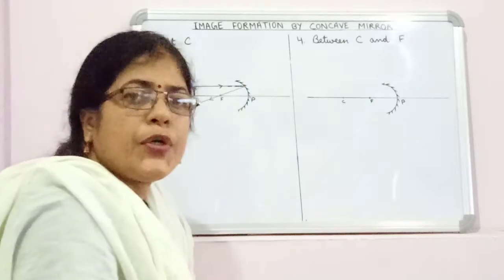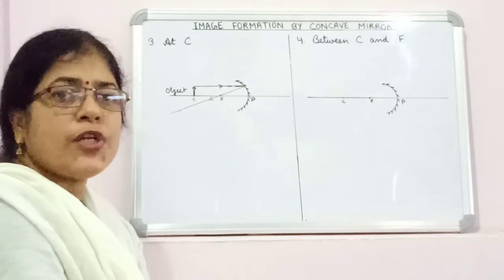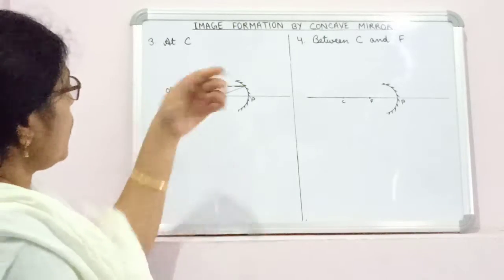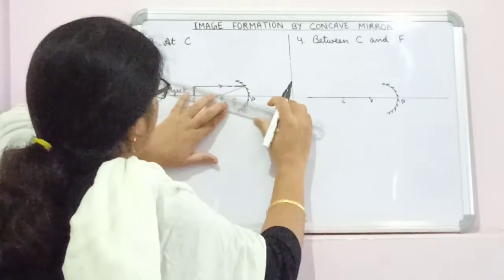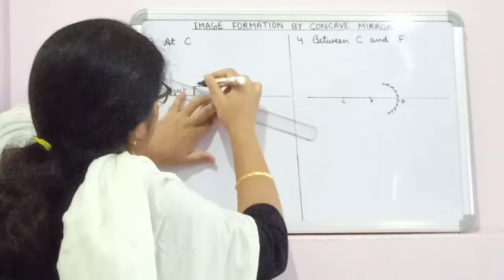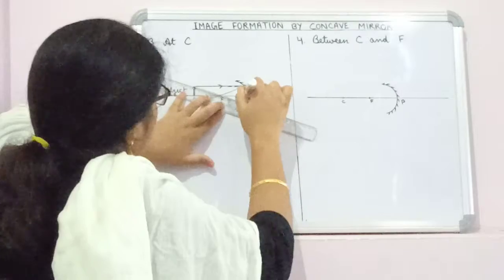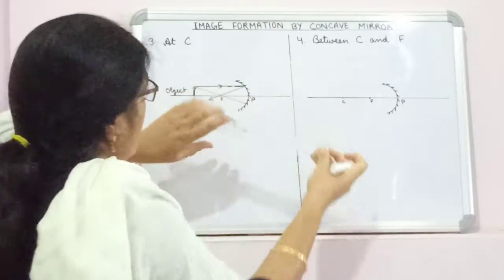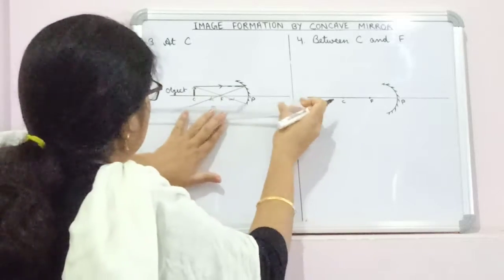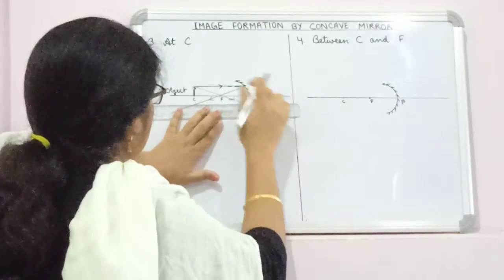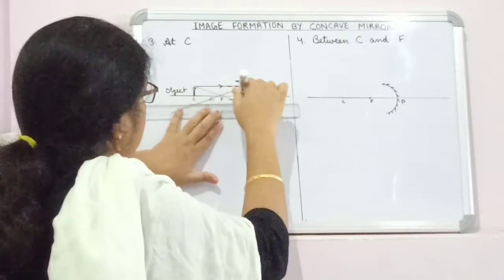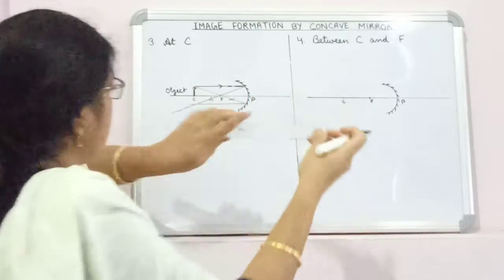Now, to get another reflected ray, we apply another special ray: the ray of light which is passing through the focus. After reflection, it is going to be parallel to the principal axis, like this.